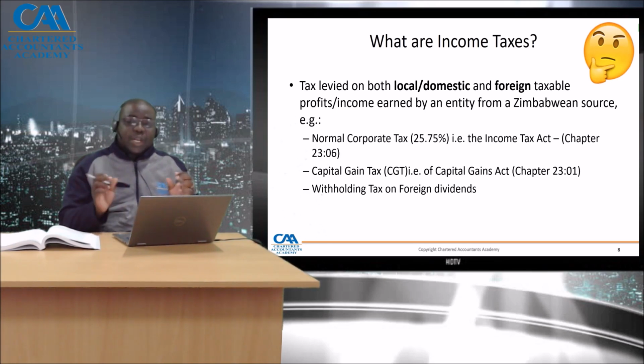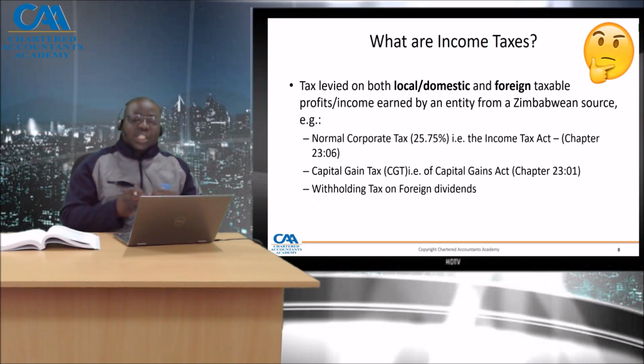I'm trying to connect here the language of tax so that the integration happens well. So an entity makes domestic and foreign income from a Zimbabwean source, and that is taxed. And IAS 12 focuses on the accounting treatment for that tax.